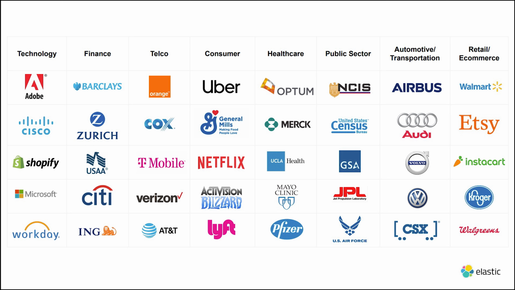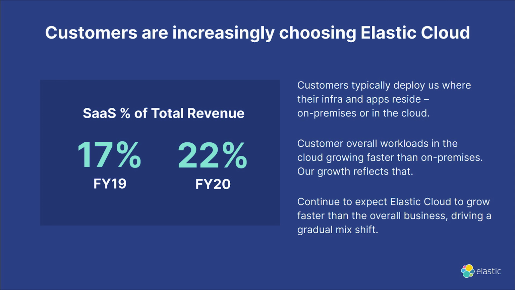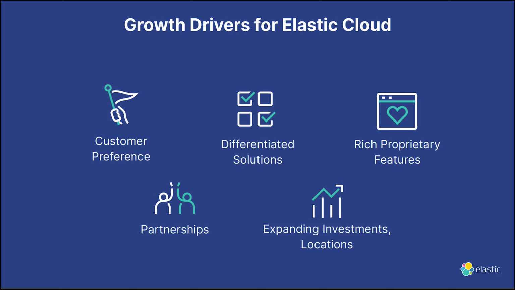And this is really just scratching the surface of all the different customers under their belt. So Elastic is seeing pretty robust growth in their Elastic Cloud as customers want to deploy the infrastructure and apps on-prem or in the cloud. So because there's a lot more workload in the cloud, Elastic's growth is also reflecting that as well.